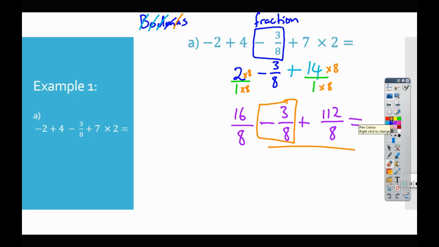So now we say negative 3 plus 112. That will give us 109. So negative 3 plus 112 will give us 109, and then we add that, please note, to the 16 over the 8, right?